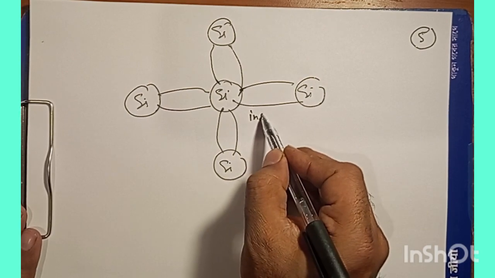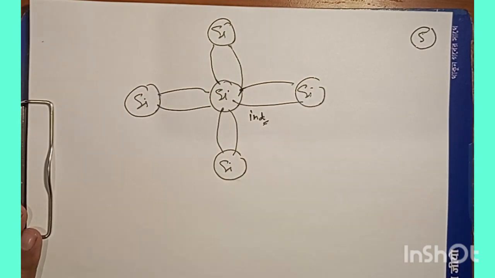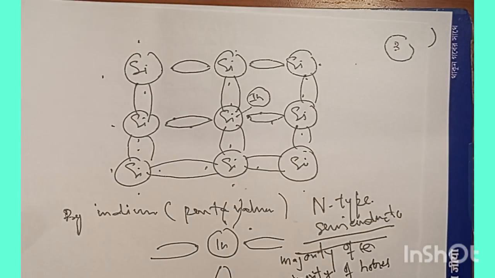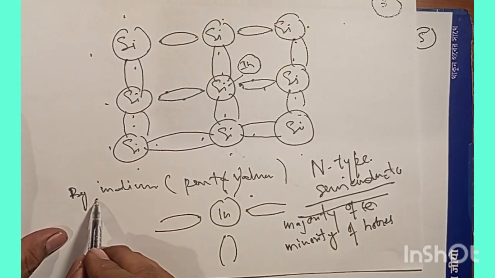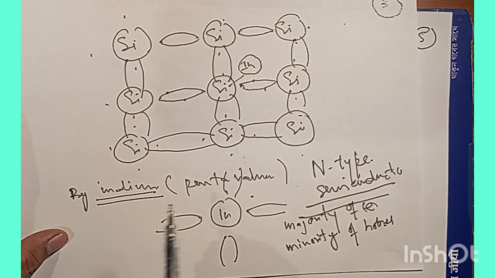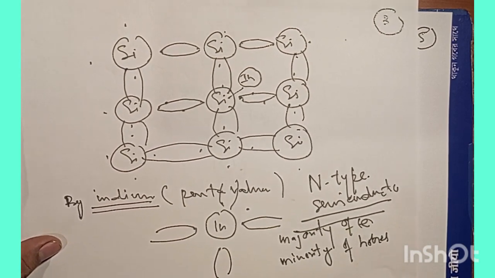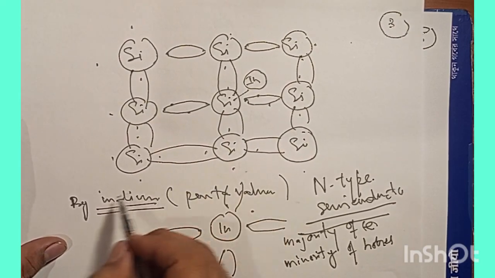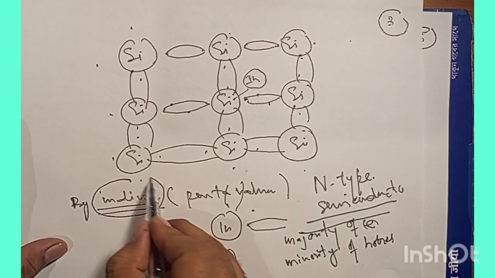I think in the previous case I might have committed a mistake when I was talking about the pentavalent impurity. It cannot be indium, because indium is a trivalent impurity. Here we are using a pentavalent impurity, so it should not be indium.